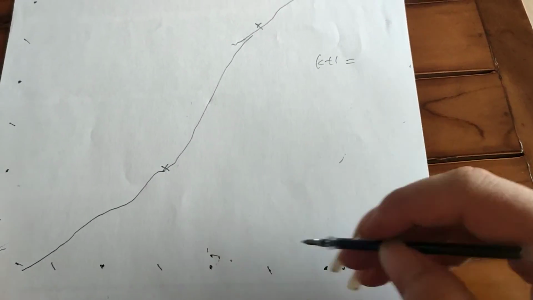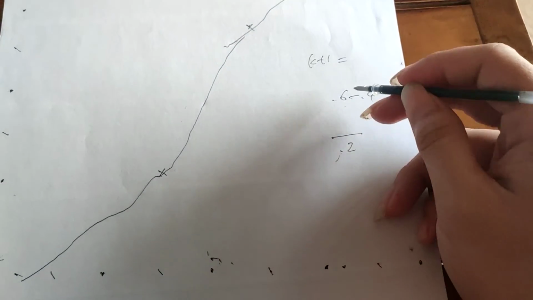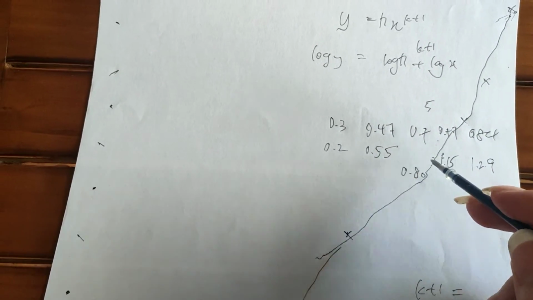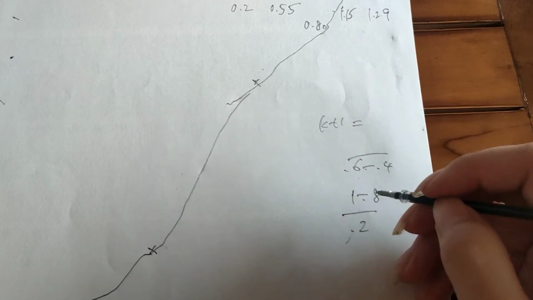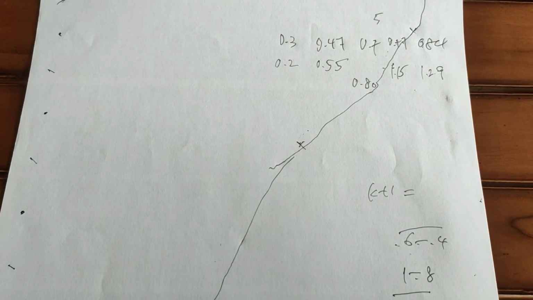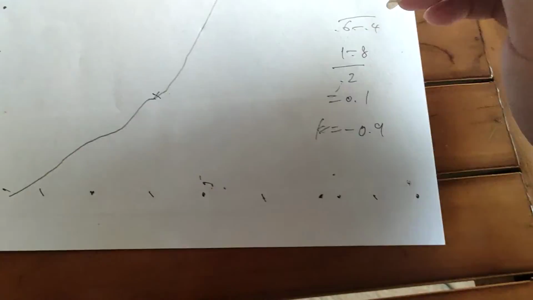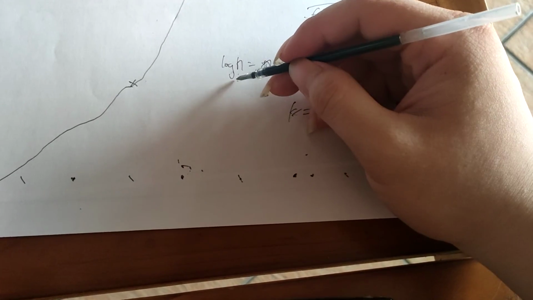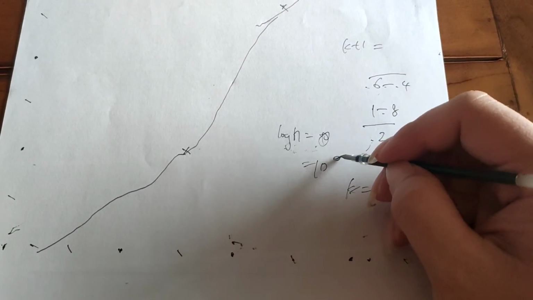You can find 0.6 to 0.4, which is 0.2, and the y value will be around here, 0.6 to 0.4, which is maybe 1 to 0.8, so it's 0.1, and that is k plus 1, so k is negative 0.1, 0.9, and h is just, you just remember to 10 power this, then this is h.